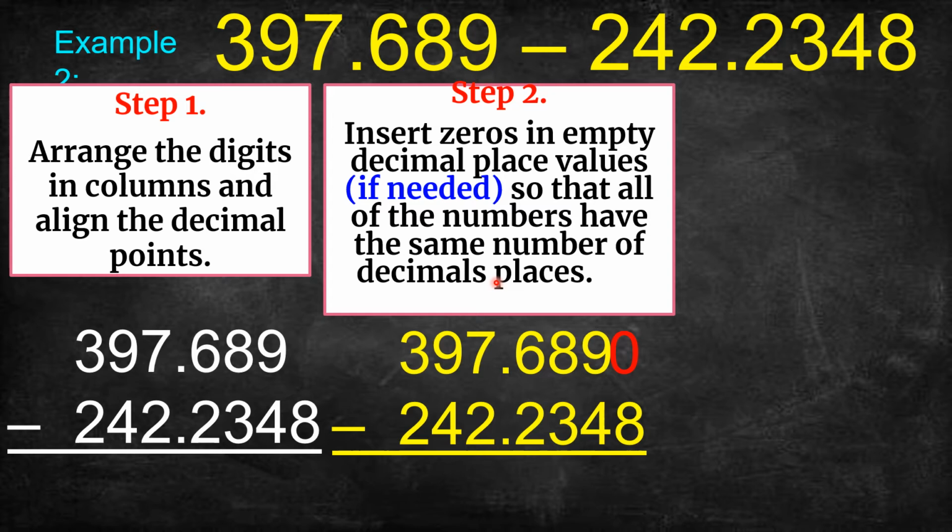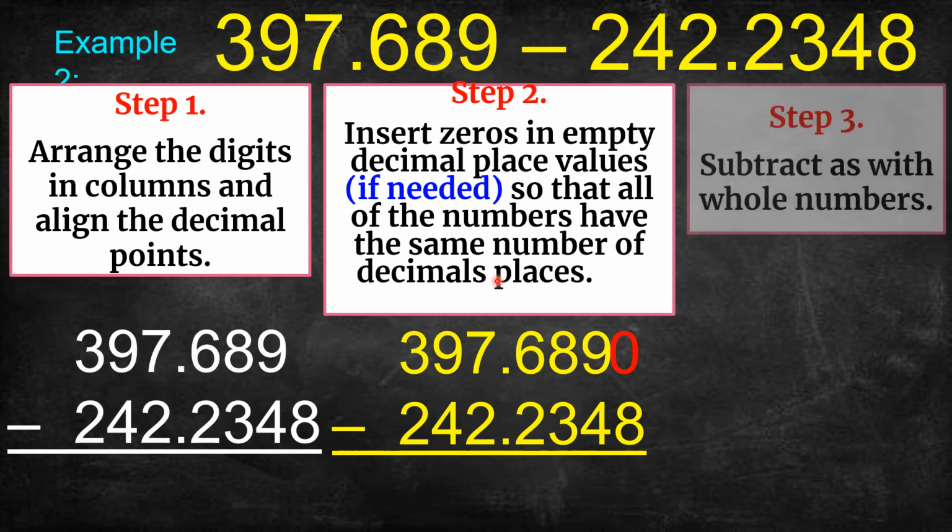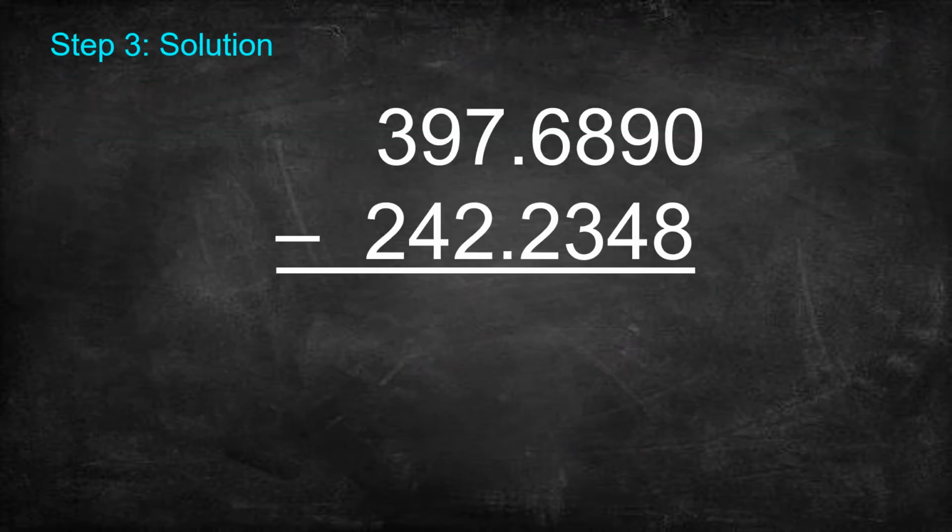And, if you add 0, pwede na tayong mag-proceed sa step number 3. That is to subtract as with whole numbers. So, let us show our solution. Again, our given is 397 and 6,890 10,000s minus 242 and 2,348 10,000s.